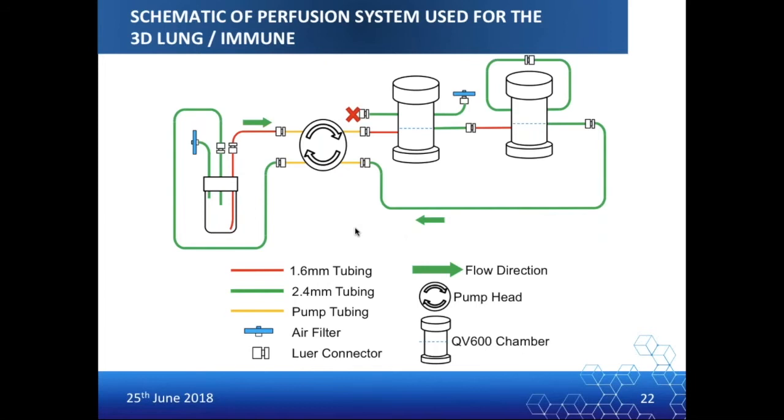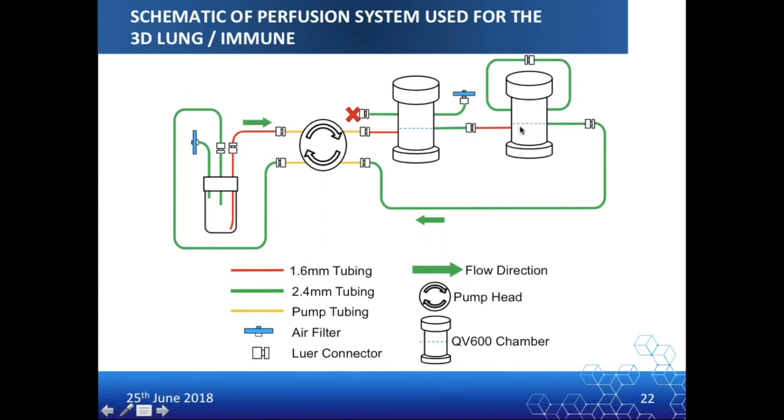Here you can see how we build up our system. So as you can see, this is the pump. Here we have the pump tubings, which differ from those which go into the first chamber. There are the Transwells in there, and the flow is just below the Transwell, the bottom of the Transwells, while in the upper well you have an air phase.